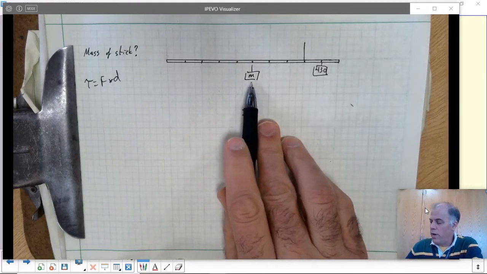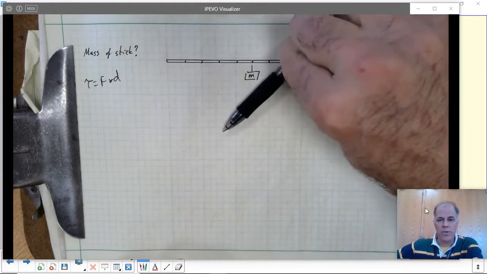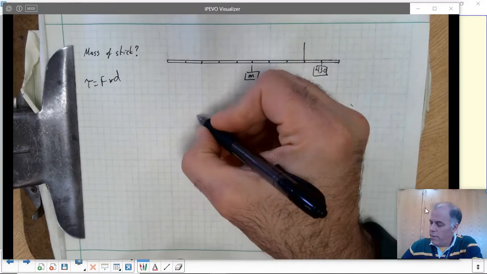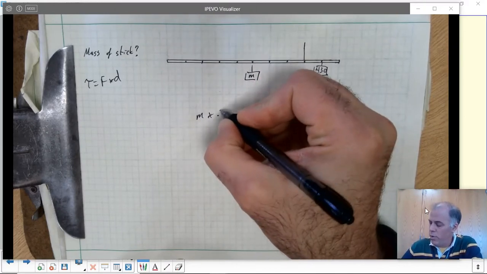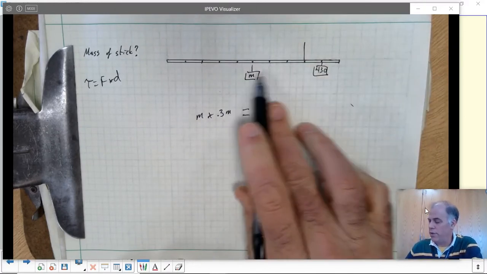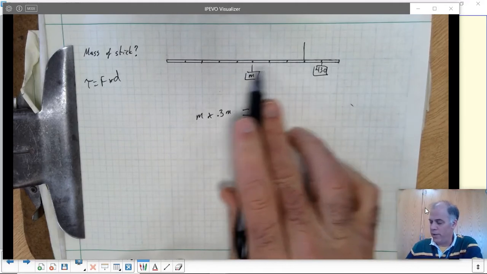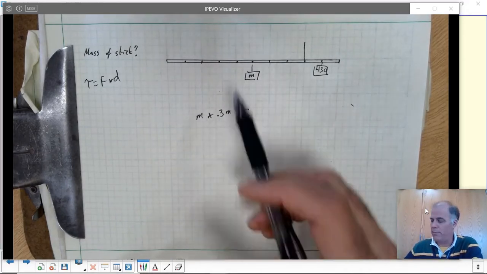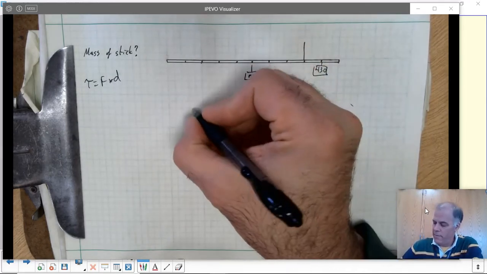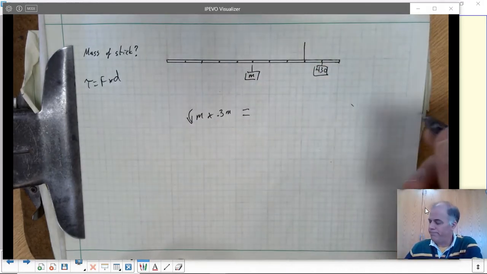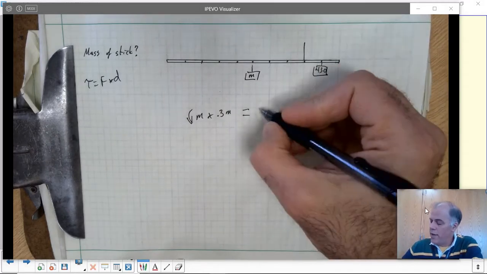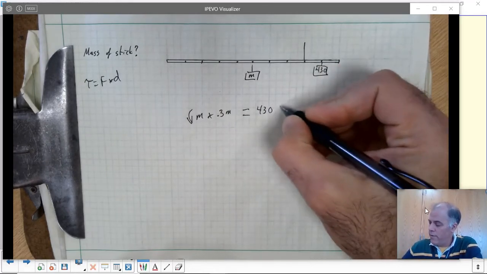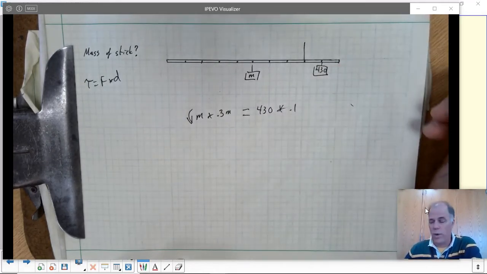So the torque making the stick rotate this way is the mass times 0.3 meters because it is 3 holes out from the suspension point. So it's m times 0.3 meters. That describes the torque in that direction. And the torque on this side is 430 grams times 0.1 meter because it's 1 hole out, and that's all the torque that's on this side.